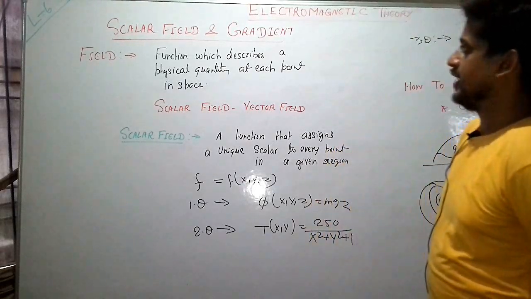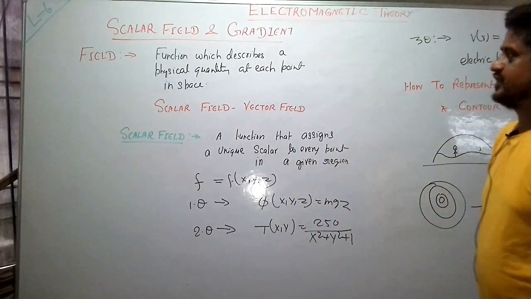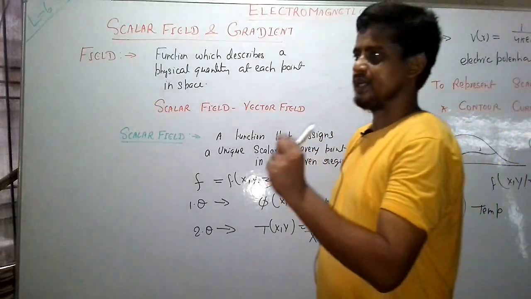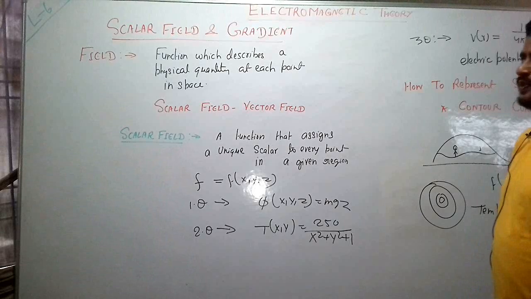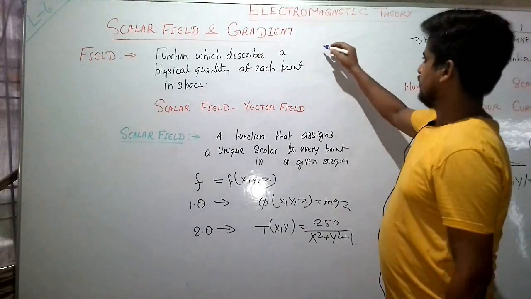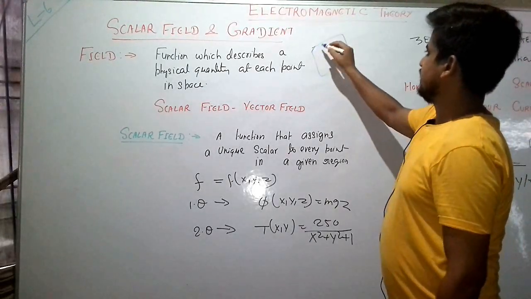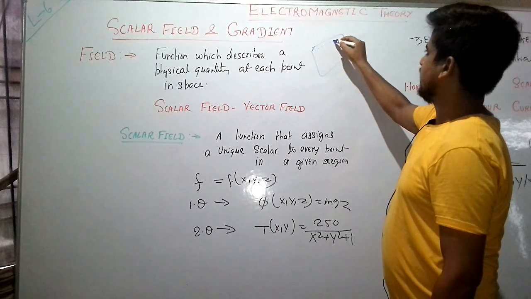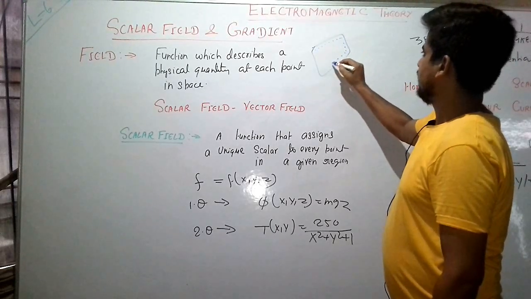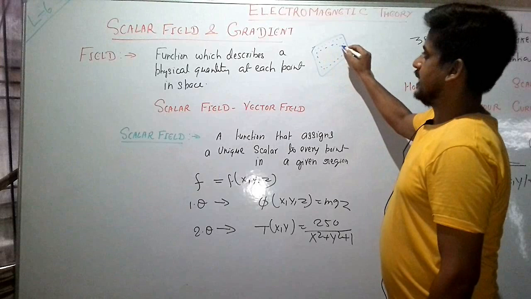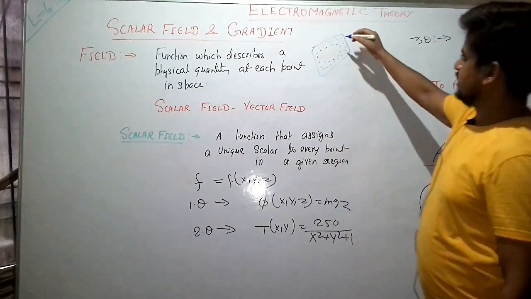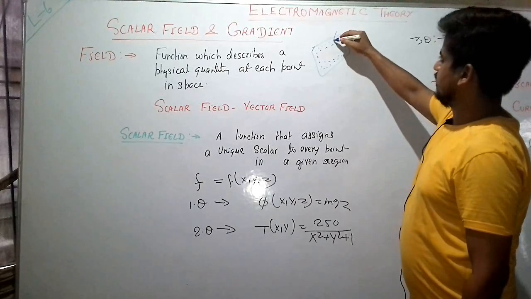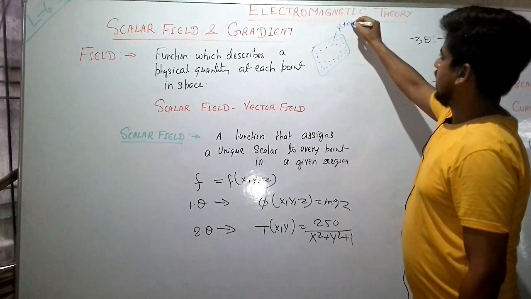So what's a field? A field is a function which describes a physical quantity at every point in space. If we imagine that in this space there are an infinite number of points near to each other, then to each point we can assign a function f(x, y).